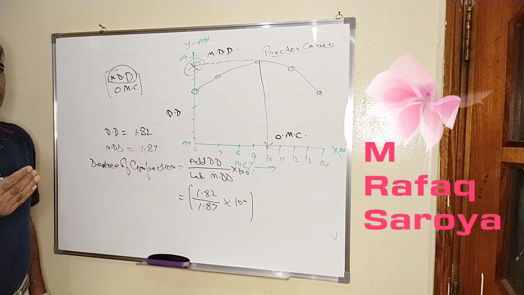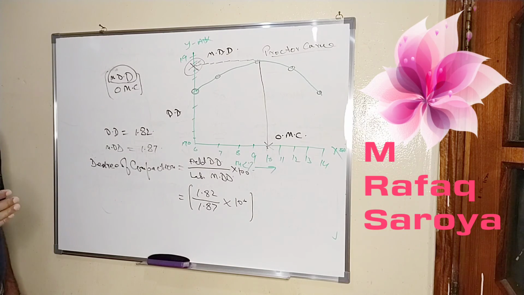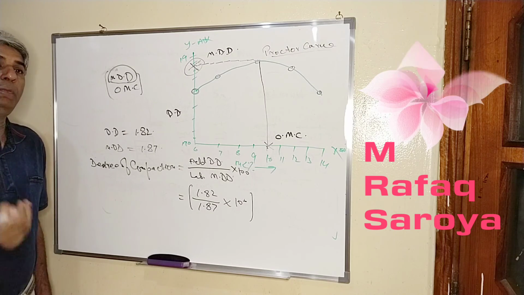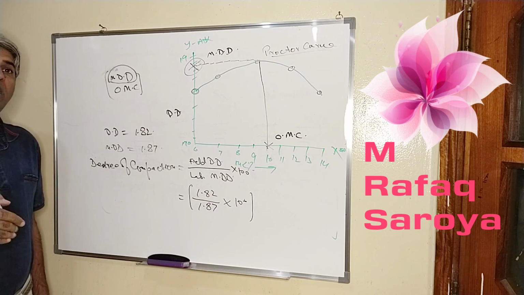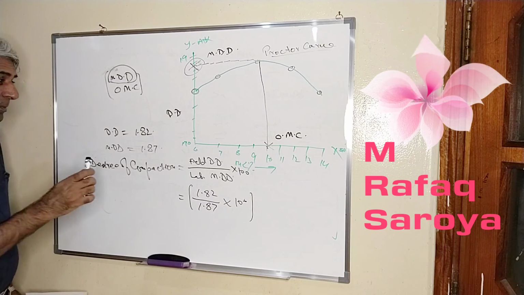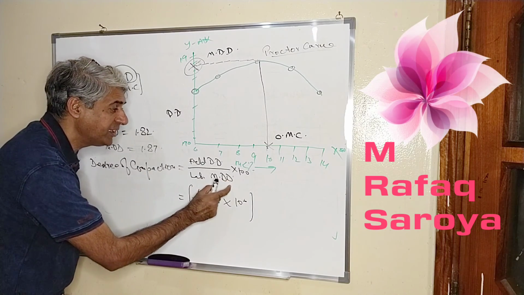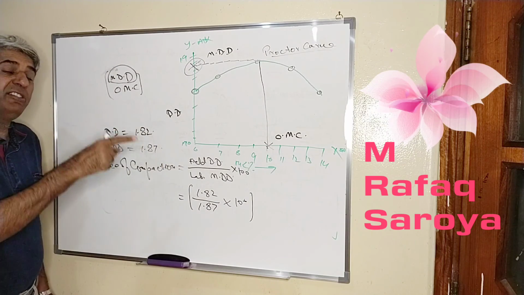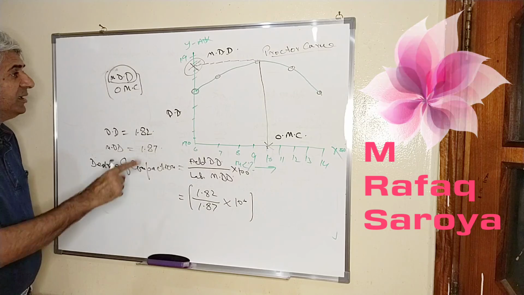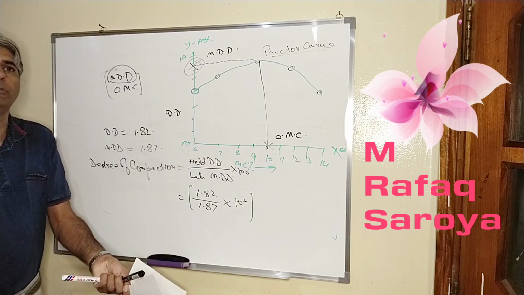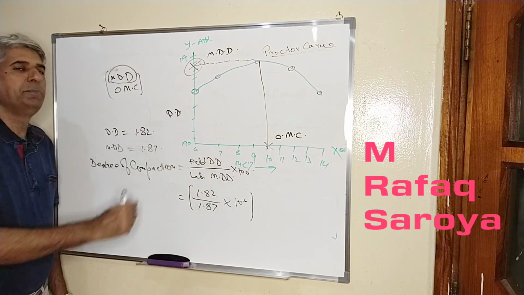Sometimes we need 90% compaction, sometimes 95% compaction, sometimes 98% compaction. This percentage of compaction can only be determined with respect to this MDD. And how much water we have to add in the material also depends upon this. Suppose I have the soil on the side, how much water do we have to add as per OMC?